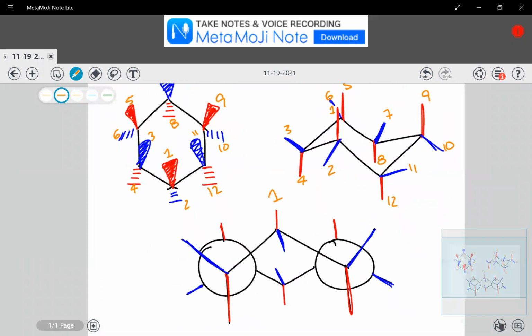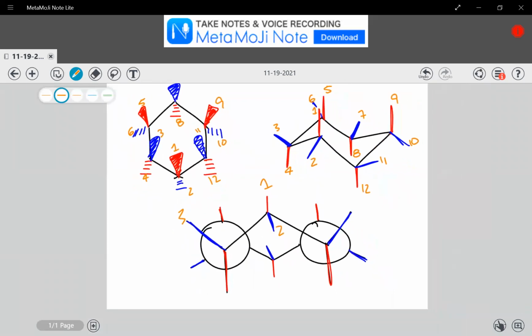And then we have our second one here. This one is supposed to be going into the page, but not really all that well drawn. Got 3, right? Number 3, 4 corresponds to this one and this one. This one and this one.